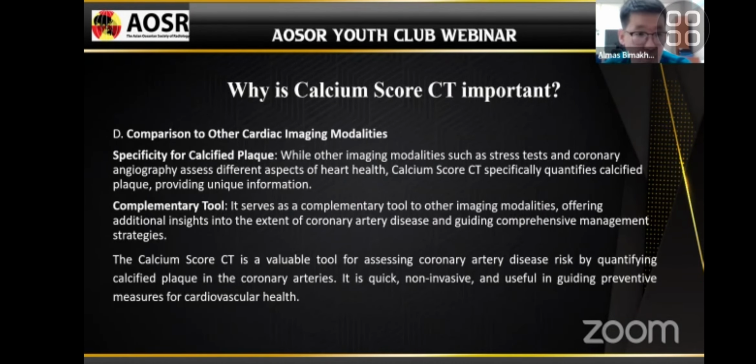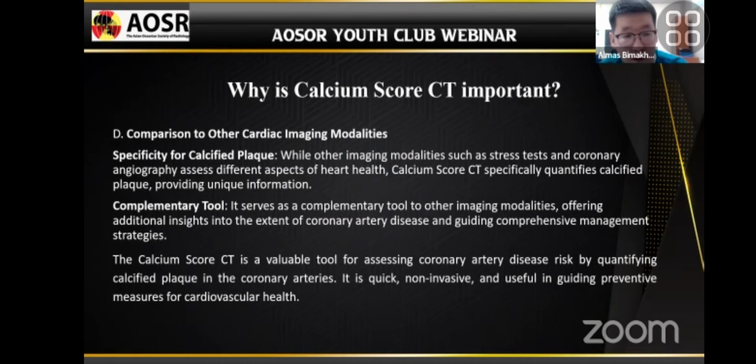Also, comparison to other cardiac imaging modalities: it has specificity for calcified plaque, while other imaging modalities such as stress tests and coronary angiography assess different aspects of heart health. Calcium score CT specifically quantifies calcified plaque, providing unique information.